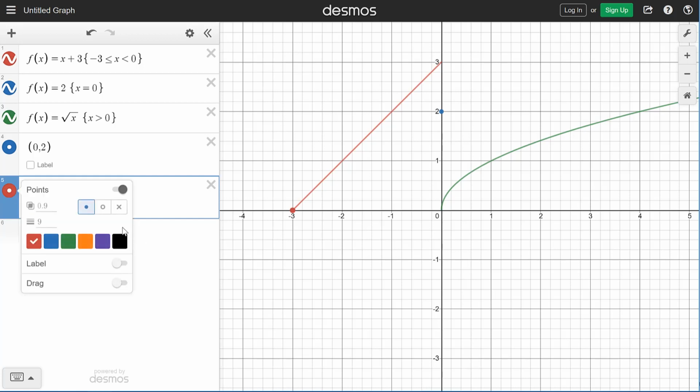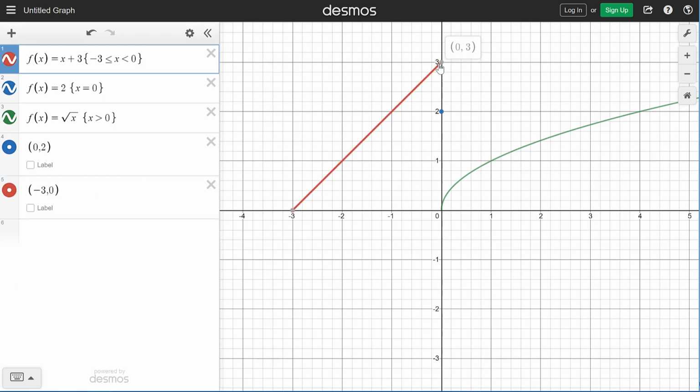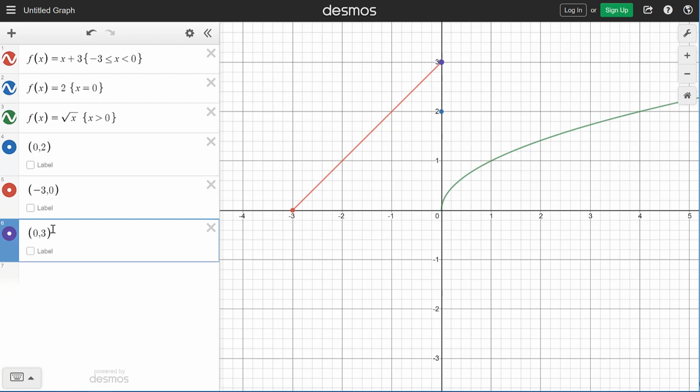I'm going to make that red, and it's a closed circle. And then at (0, 3) in red, I have an open circle. So I'm going to hold that, make it red, and make it open. So I have a closed circle at (-3, 0), and then open at (0, 3).